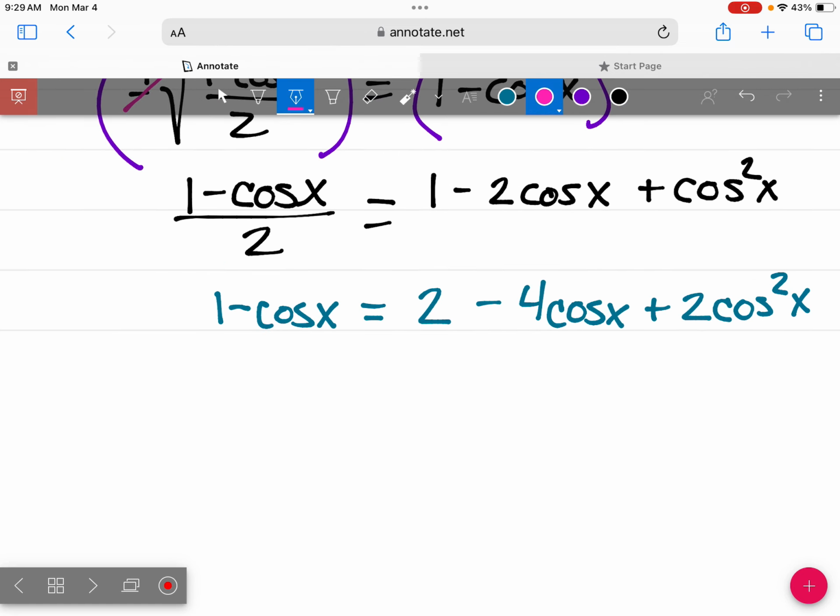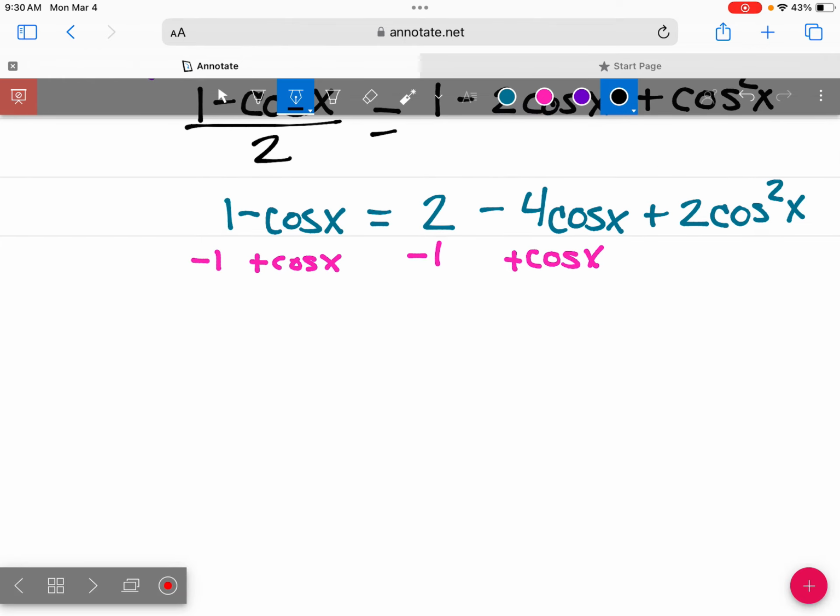Then we need to set it equal to 0 because we saw we have a squared term and a linear term here. So I'm going to subtract 1 from both sides, and I'm going to add cosine of x to both sides. So now we have our 0 equals, and you can leave it like this where we have our constant in the front and our squared term in the back, or you can flip them around so it's a more familiar shape.